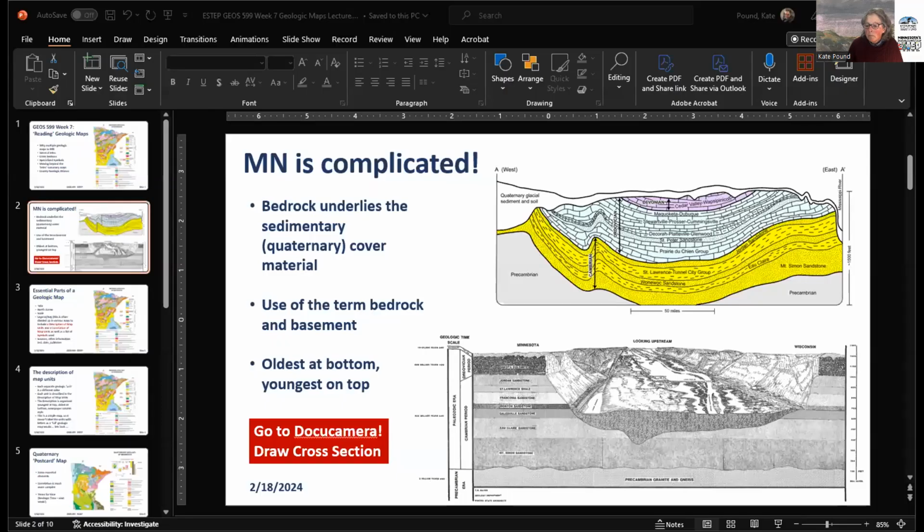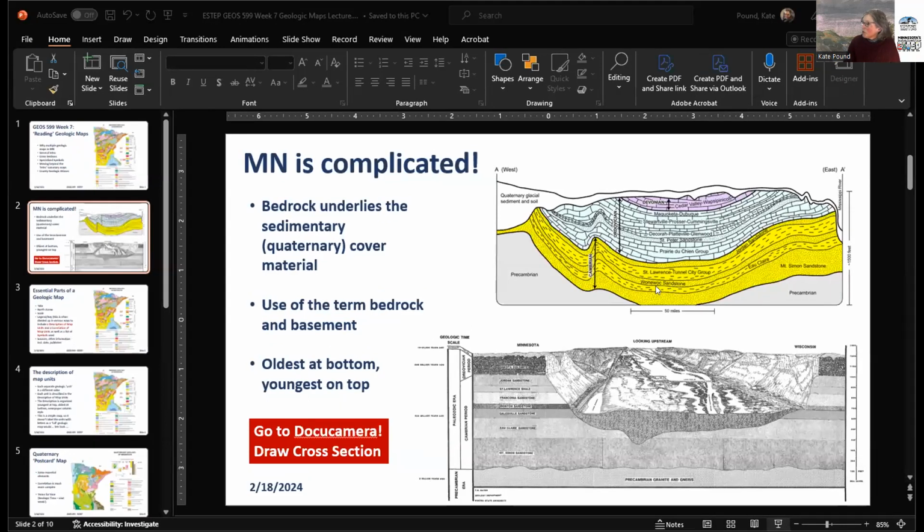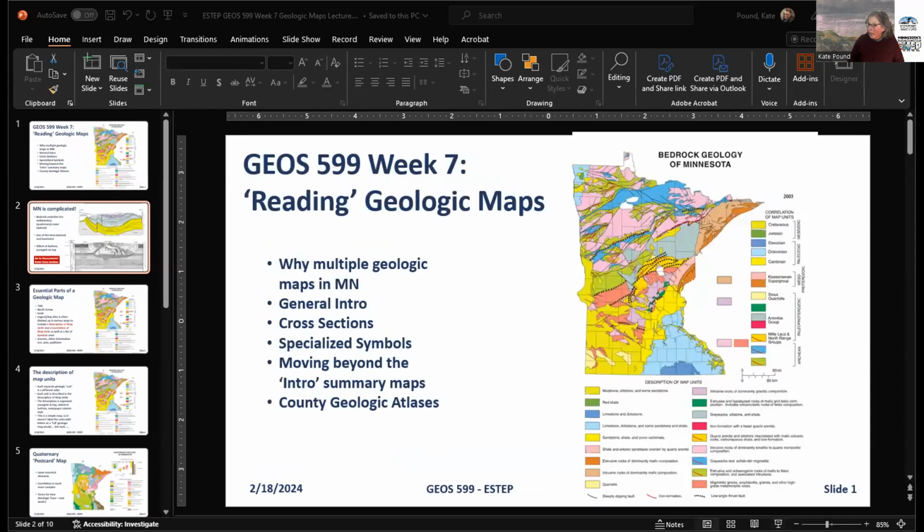But let's dive into our topic for today, which is about reading geologic maps. Okay, so, whoops, I need to go back a slide.